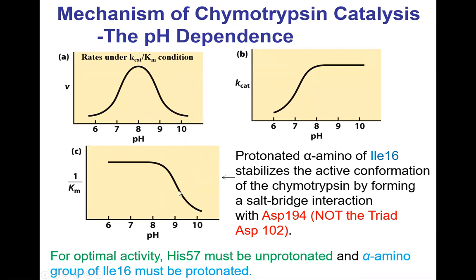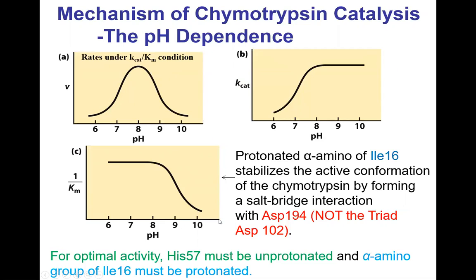For 1 by Km, they found out, based on some other studies as well, that it was the alpha amino group of isoleucine 16. Remember I said don't forget about isoleucine 16. That is the amino terminus residue of the B chain of chymotrypsin. It turns out that if you deprotonate the alpha amino group of isoleucine, then substrate binding is weakened. And so isoleucine 16 must be protonated for optimal activity.